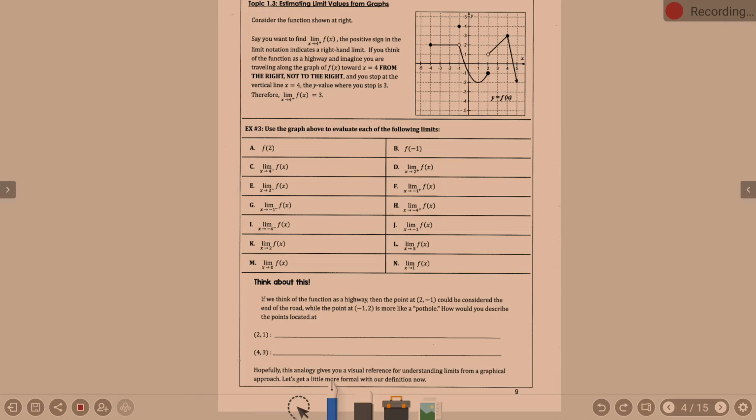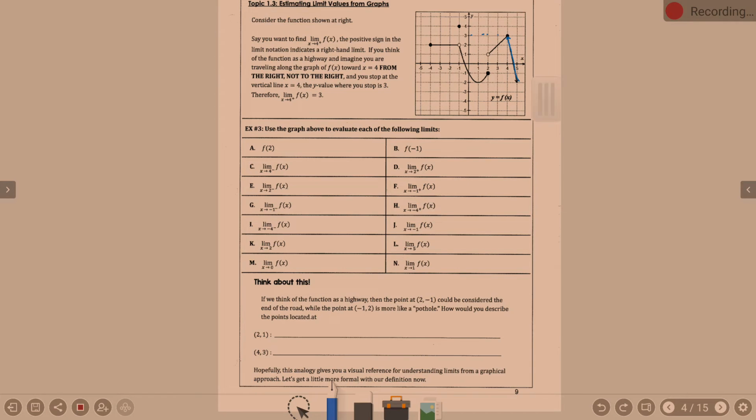Therefore, the limit as x approaches 4 from the right is 3. So are you with this? Yes. So here's 4, yes? As we approach 4 from the right, what y value are we approaching? And that is the y value of 3, right? That's what they're saying there.